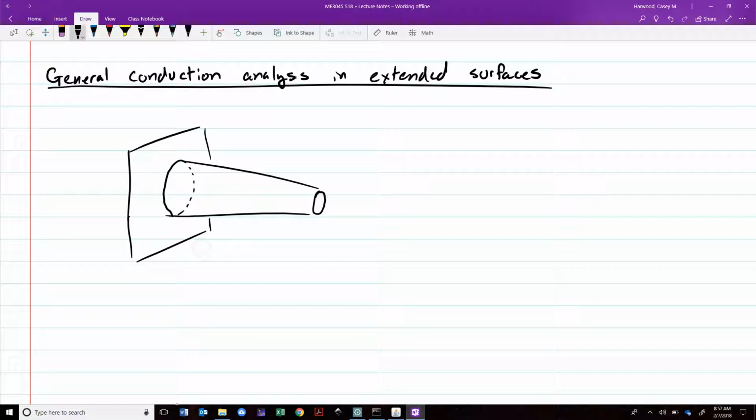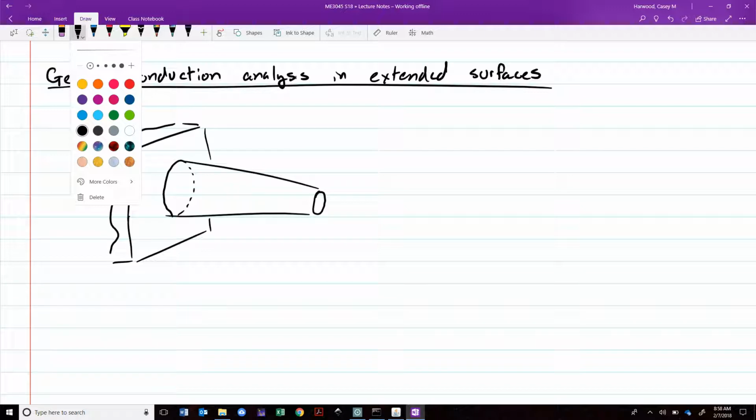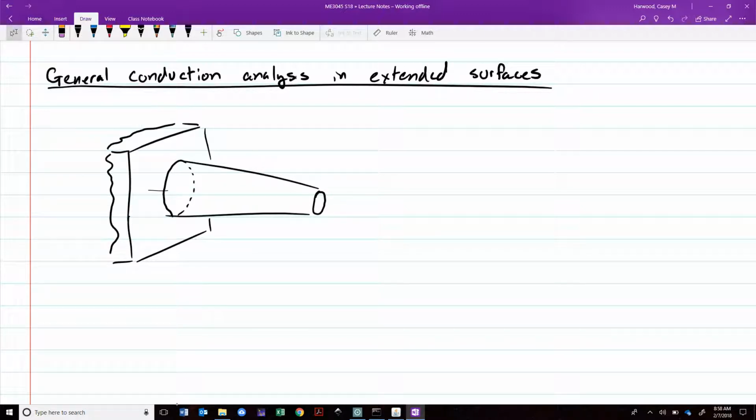Out here we've got some solid base, into which is integral this circular protrusion that decreases in cross-sectional area as we move away from the base. Go ahead and give this thing an axis.